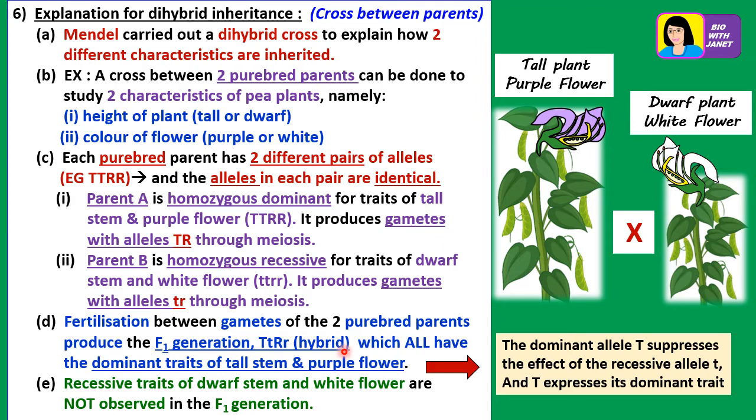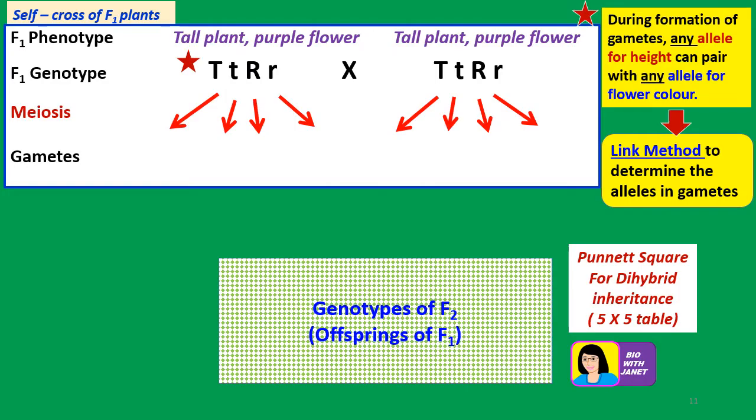Okay, now let's go on to the second part of the experiment where the hybrids were crossed among themselves. Big T, small t, big R, small r, they were crossed among themselves. Now we've just discussed the cross between two parents to produce the F1 generation. So now let's discuss the self-cross of the F1 plants to produce the F2 generation plants. Now the F1 phenotype is tall plant with purple flowers, and similarly for the other parent too.